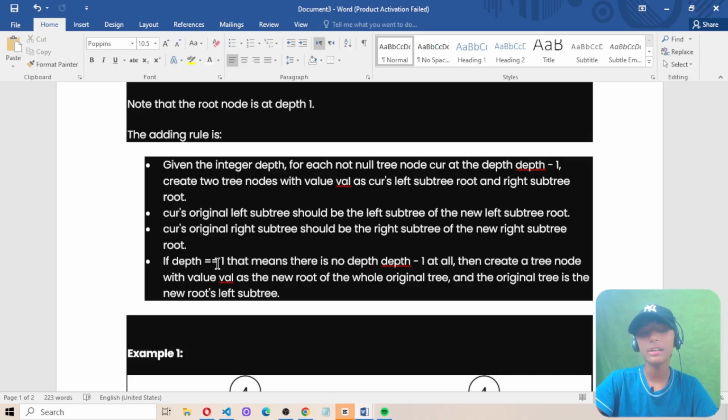Third rule: cur's original right subtree will be the right subtree of the new right subtree root. Last point: if depth equals 1, that means there is no depth minus 1 at all, then we create one tree node with value val as the new root of the whole original tree, and the original tree is the new root's left subtree.